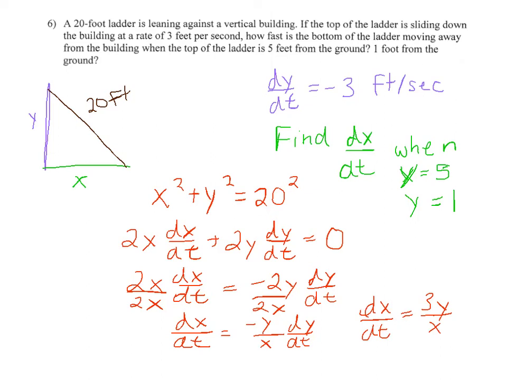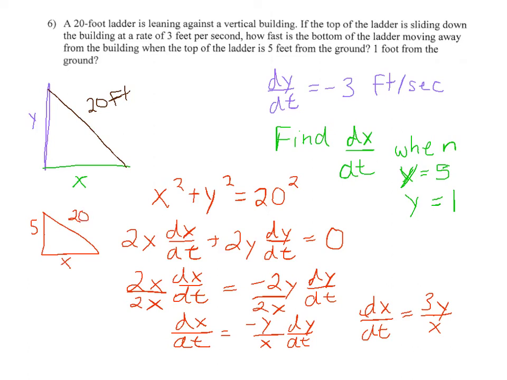So now I want to find dx/dt when y equals 5. So when y equals 5, I still need to figure out what x would equal based on my right triangle. So let's redraw our triangle. And when y is 5, I want to find x, and the ladder is still 20.